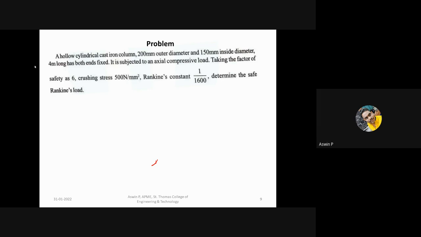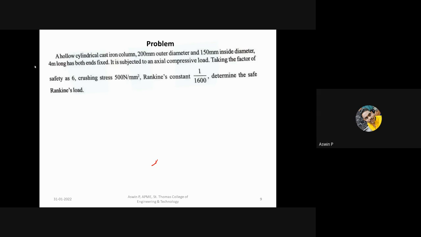Then the Rankine constant is also given. If the Rankine constant is known to us, it's the alpha directly. In the previous class, we discussed what alpha is, and we gave two values of alpha, one for mild steel and another for cast iron.